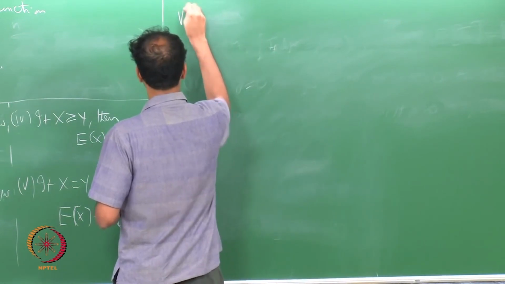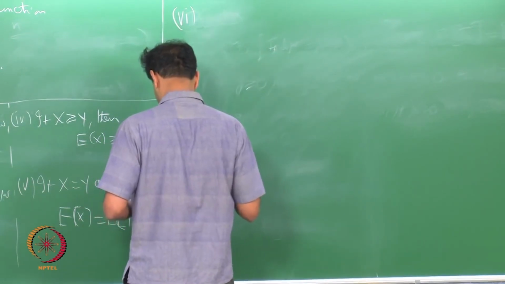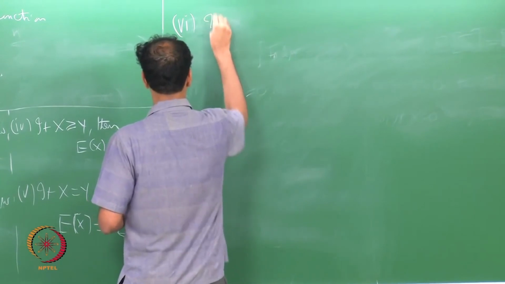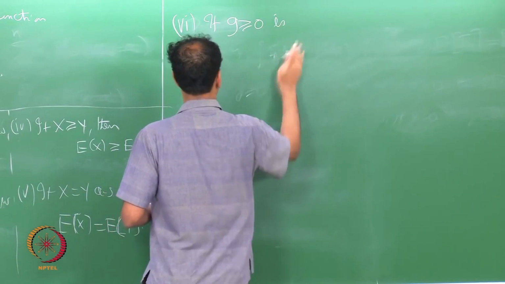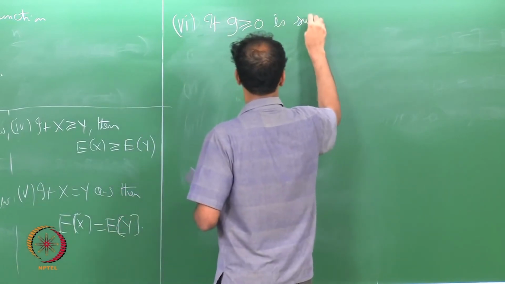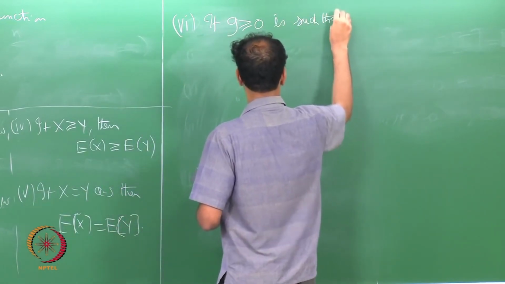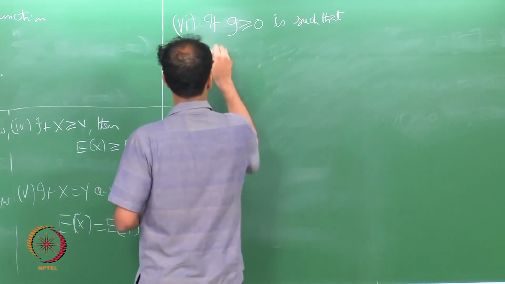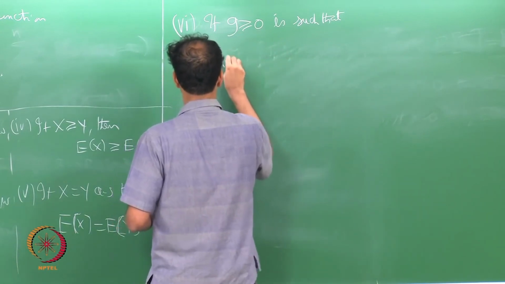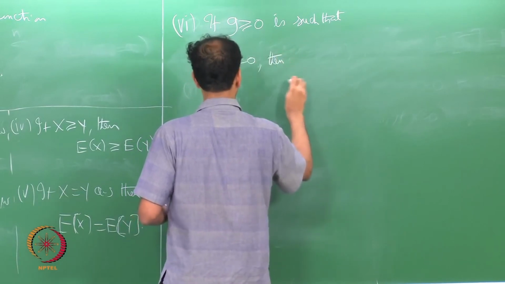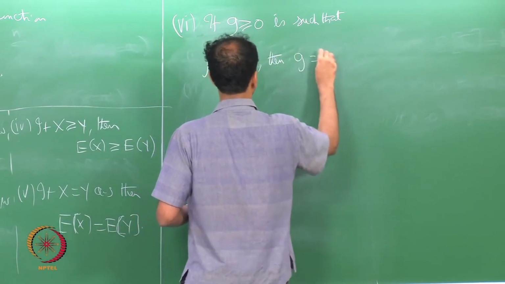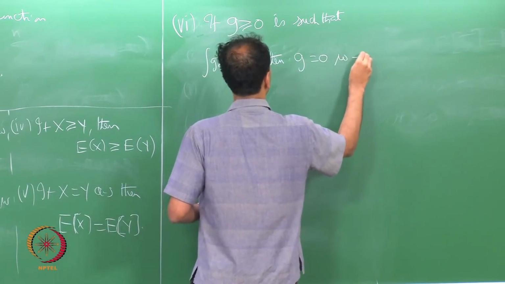Property number 6: if g greater than or equal to 0 is such that the integral of g d mu equals 0, then g equals 0 mu almost everywhere.